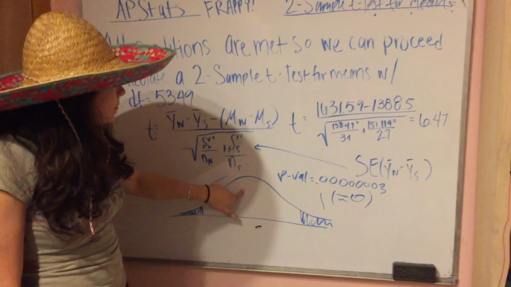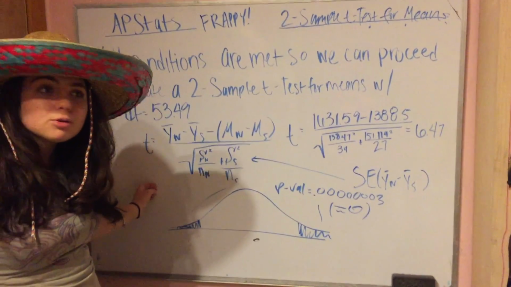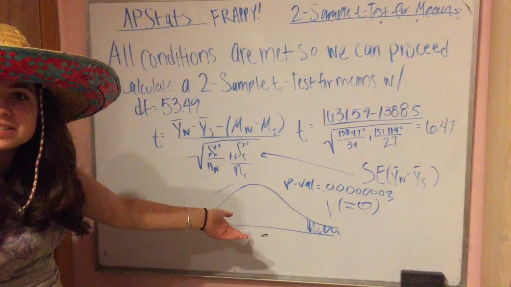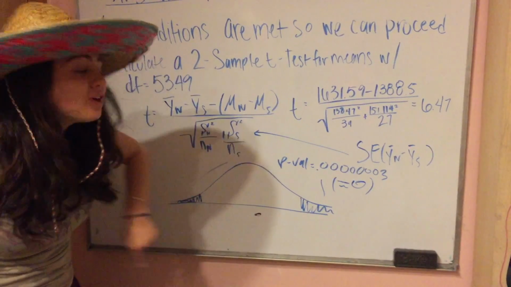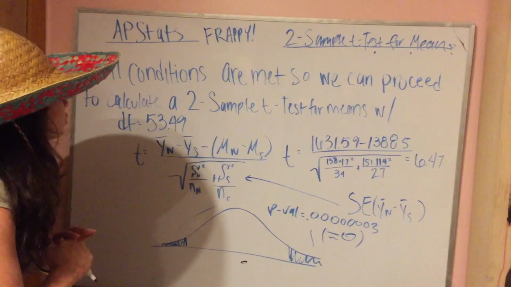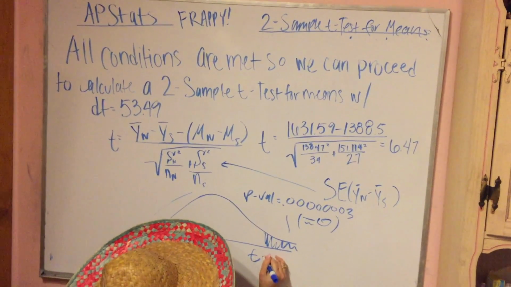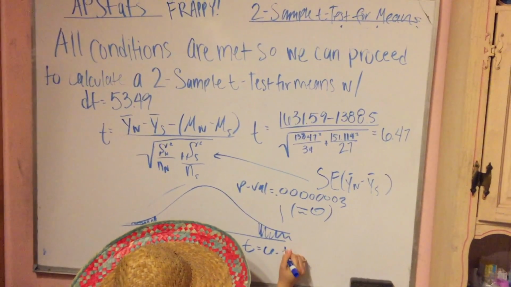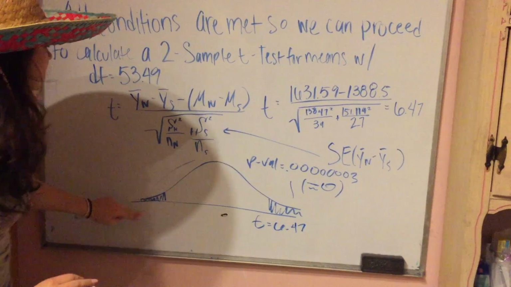Alright, now you draw the student t model. How is it different from the normal model? Well, it's obvious. The tails are so much wider. Look at that, the variance in those. Now, make sure to write your t-score on the bottom, and it's equal to 6.47. And for this, we're shading in both sides.